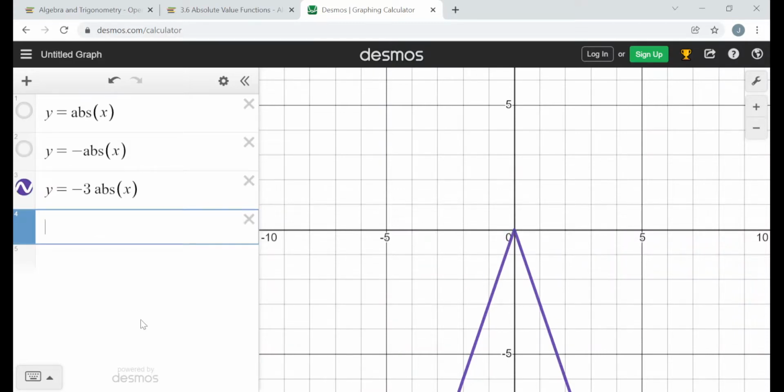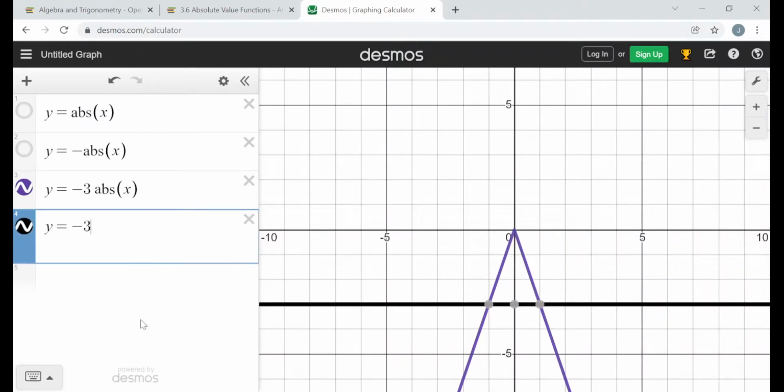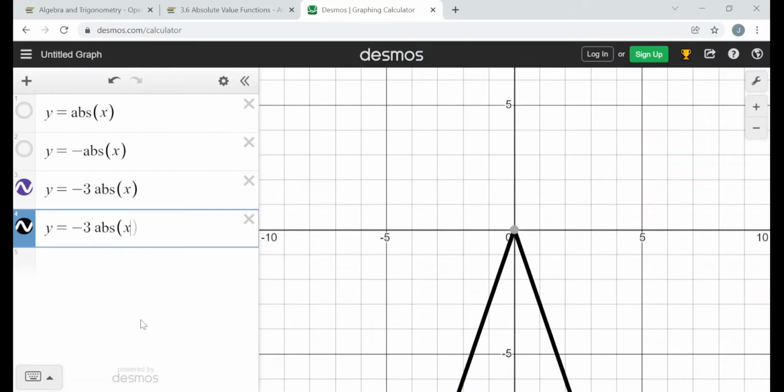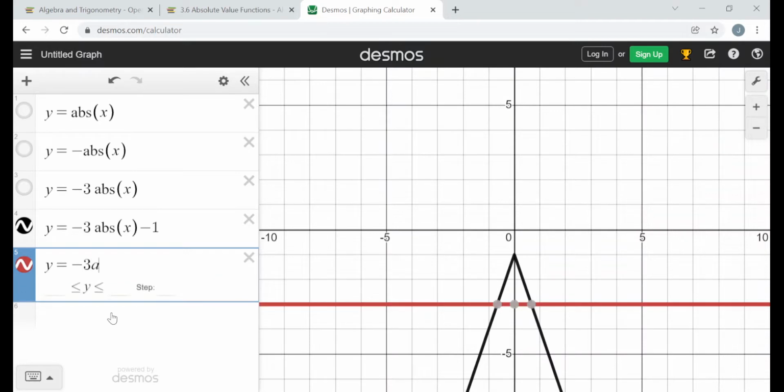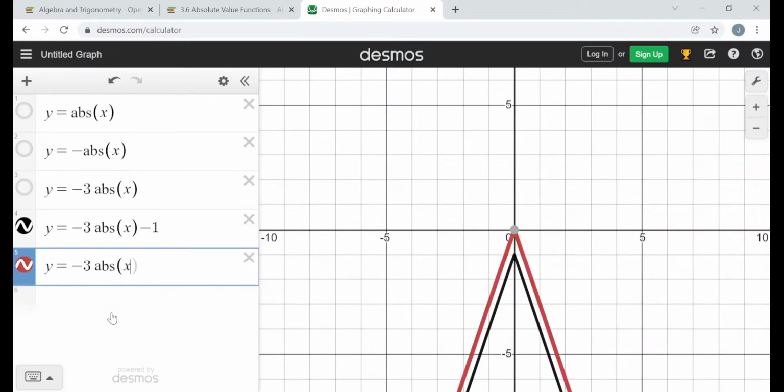And then subtracted 1 from this, moved it down 1, -3 times the absolute value of x, and then -1. And you see the black graph is just the purple graph, moved down 1. This was graph number 4. And then finally, replacing x with x minus 2 shifts this to the right 2 units. Y equals -3 times the absolute value of x minus 2, and then -1.